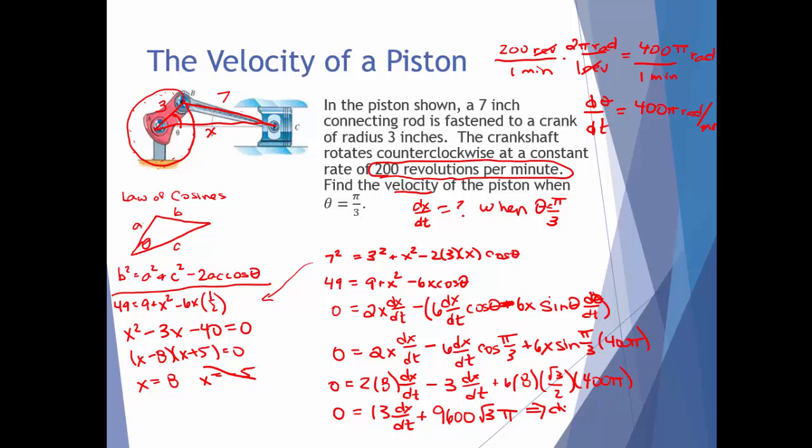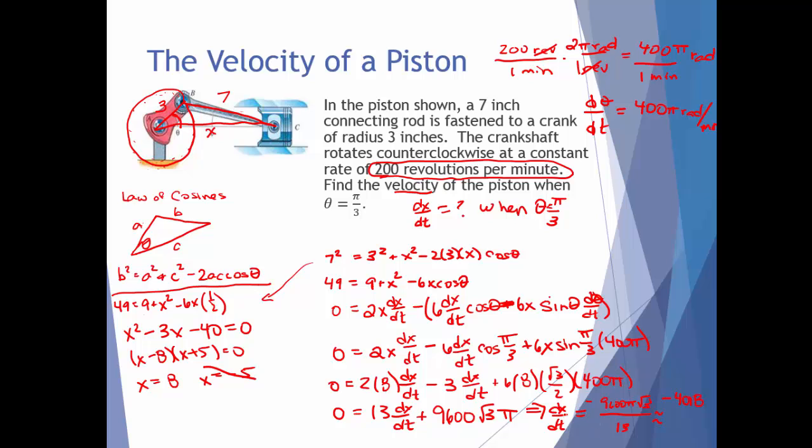So that tells me that dx dt, also known as the velocity of this piston, is negative 9600 pi square root 3 divided by 13, which if you get a decimal approximation for that, is about negative 4018, and then we need a label on that.